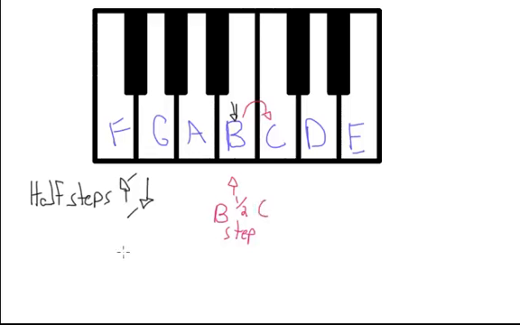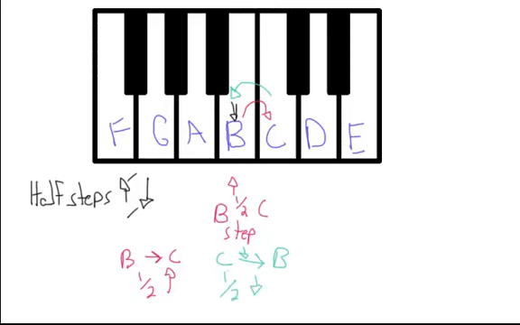So we can say that B to C is a half step up. And C going down to B would be a half step down.